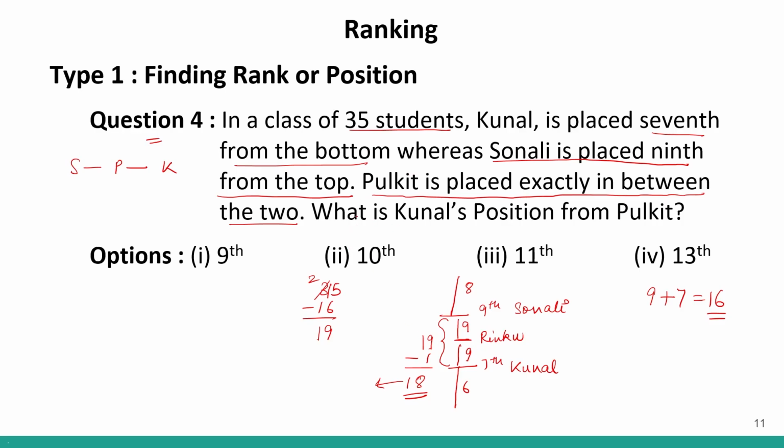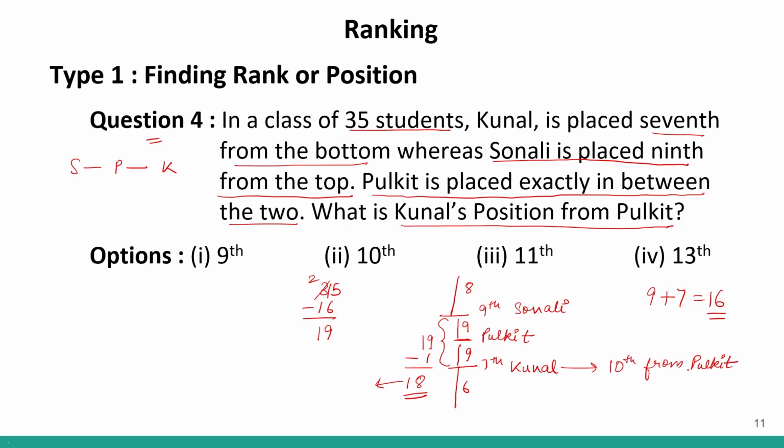The question asks what is Kunal's position from Pulkit? Sorry, this is Pulkit, not Rinku. I mistook the name. So between Kunal and Pulkit, there are 9 people. So from Pulkit, Kunal's position will be 10th.